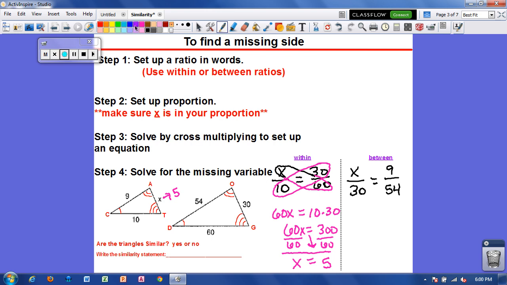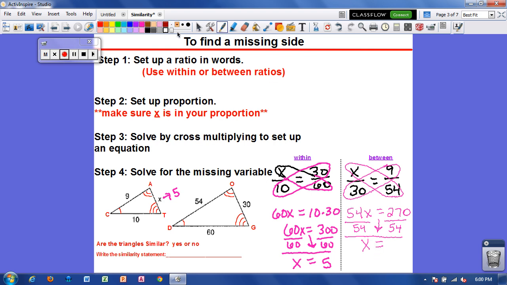So now I am going to cross multiply. So I'm going to take x times 54 and 30 times 9 and set them equal to each other. X times 54 is 54x, and 30 times 9 is 270. Now I'm going to divide both sides by 54. I'm going to bring down my equal sign. 54 divided by 54 is 1, so I'm left with 1x.